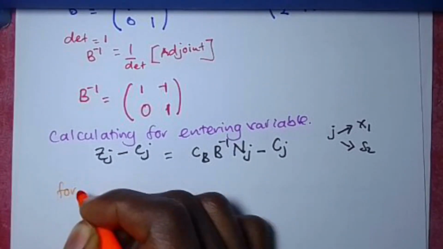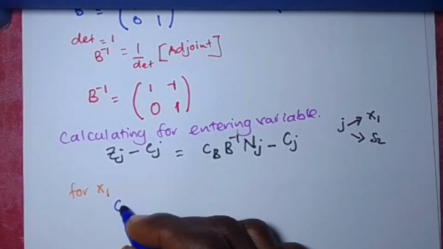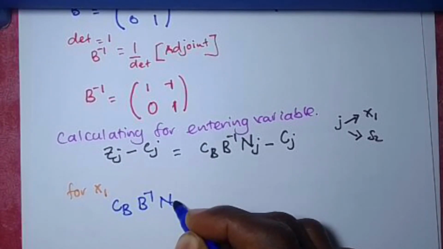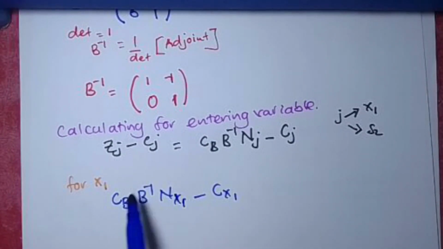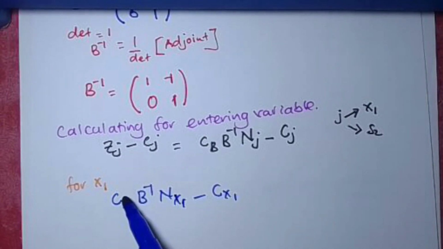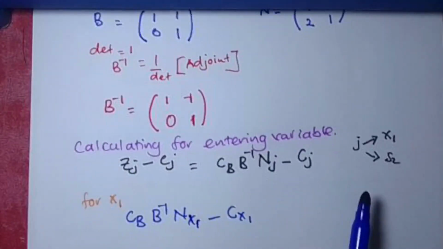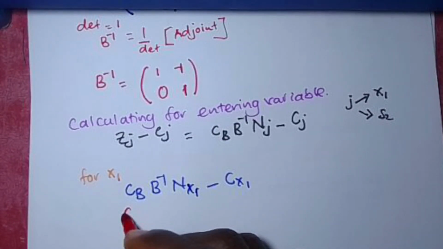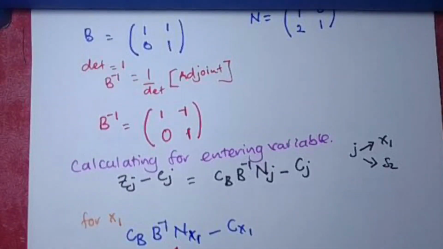So for x1, we shall calculate CB B inverse N x1 minus C x1. Our CB set has changed, so you come back and pick it. Our CB set is 0, 3. So we write those values as they are: 0, 3 times our B inverse. Our B inverse set has also changed.